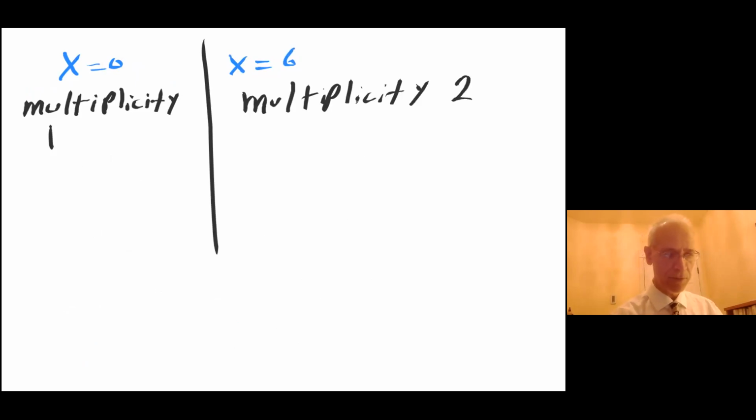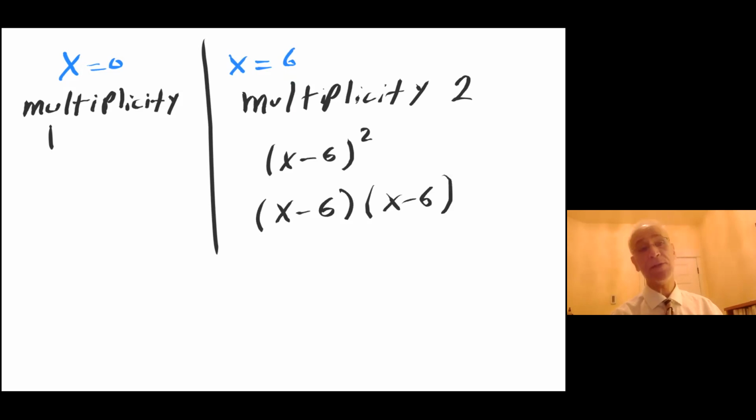Because remember that we had x minus 6 quantity squared. This is the same as saying x minus 6 times x minus 6. So if I set this equal to 0, I have x equals 6 and x equals 6. I have it twice. Multiplicity is 2.